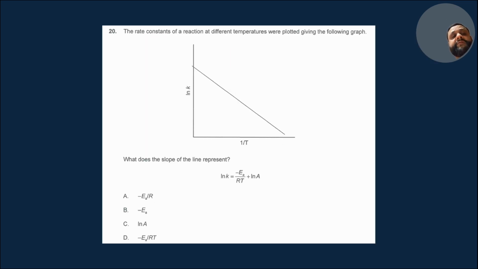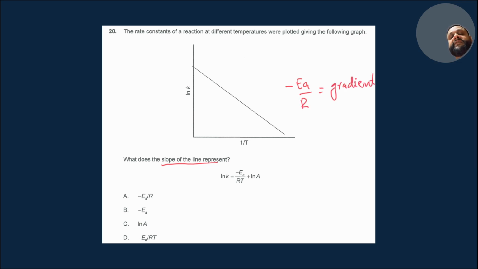Question 20. So we have been given a graph of 1 over T against ln K, and what does the slope of the line represent? So we know minus Ea over R is equal to gradient.